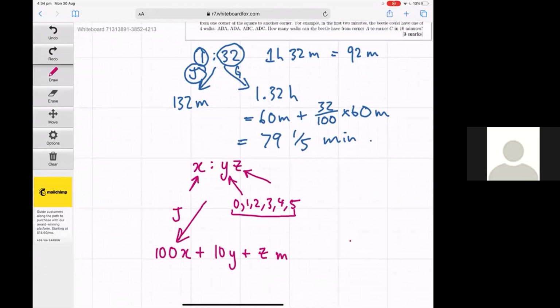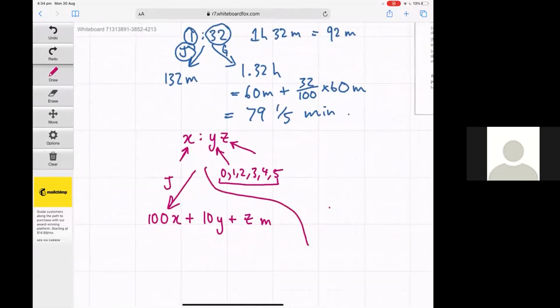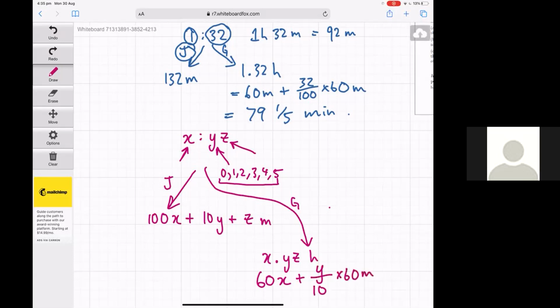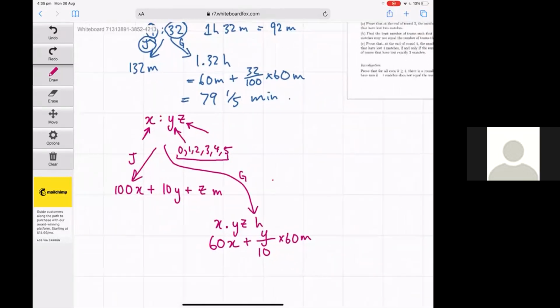And Gaston interprets it as X.YZ hours, which is 60X minutes plus Y on 10 times 60 minutes plus Z on 100 times 60 minutes.